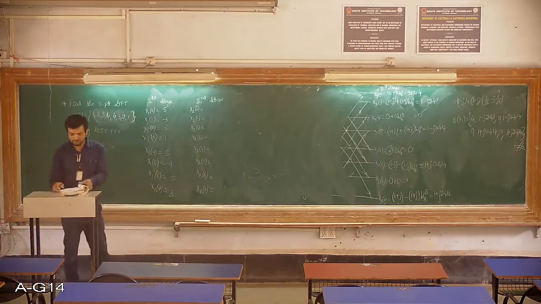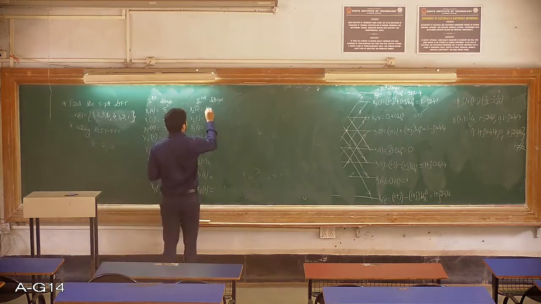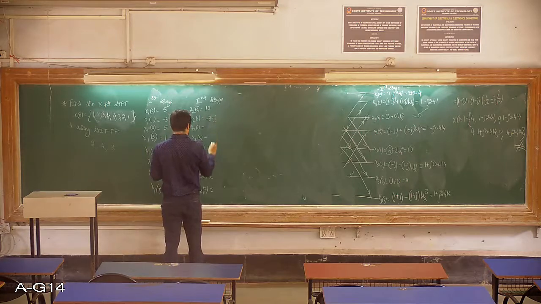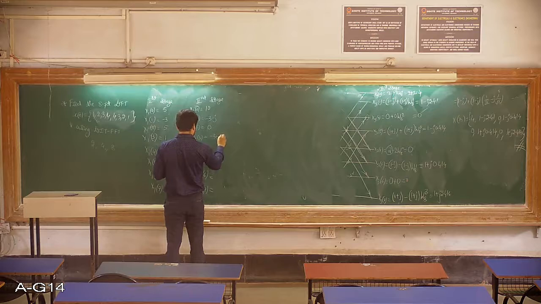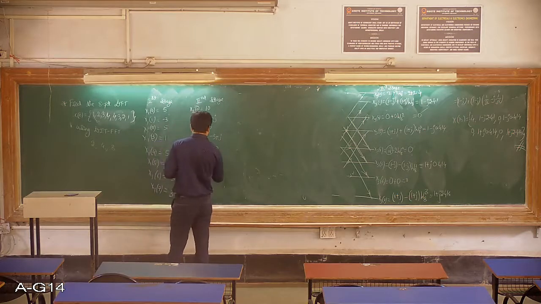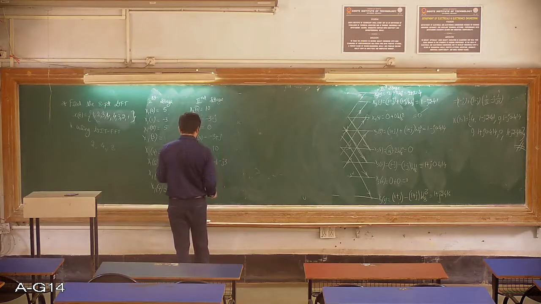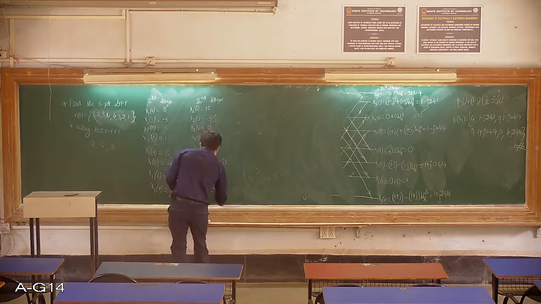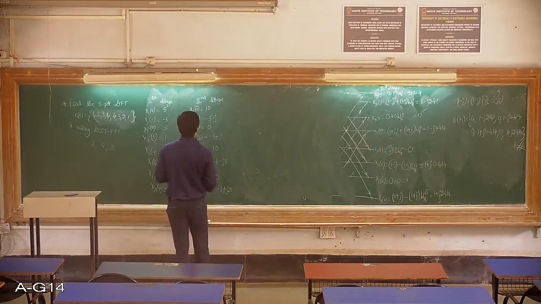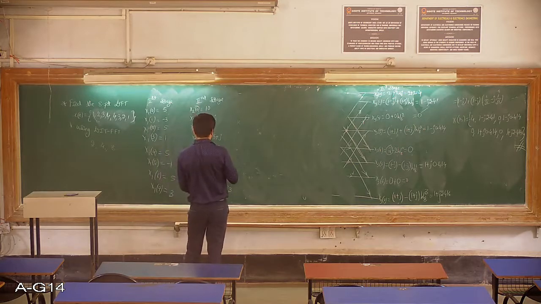The second stage answers: minus 3 minus j, 0, minus 3 plus j, 10, minus 1 minus 3j, 0, minus 1 plus j of 3. This is the second stage answer.